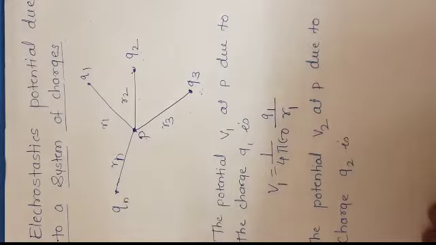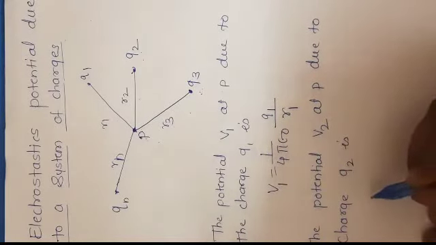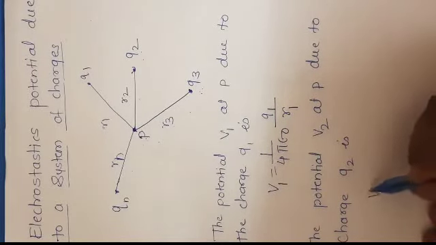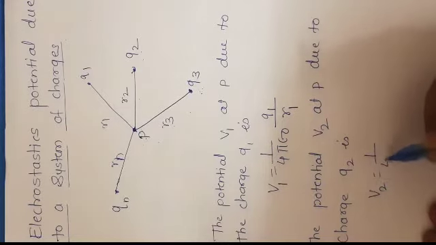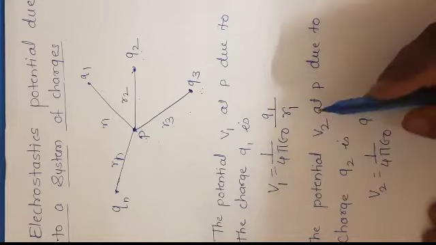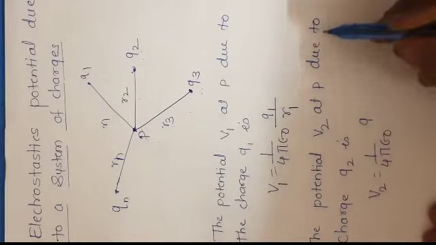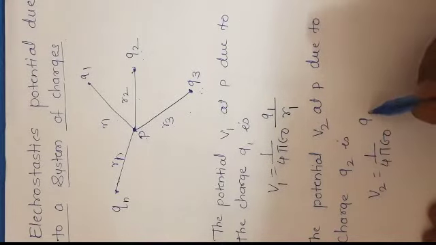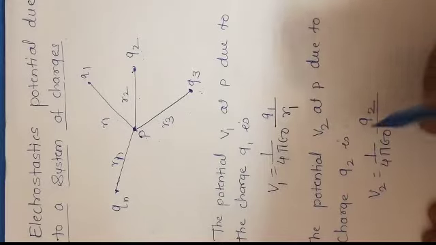The formula for the potential V2 is 1 upon 4 pi epsilon 0, q2 upon r2, where charge q2 is at a distance r2.